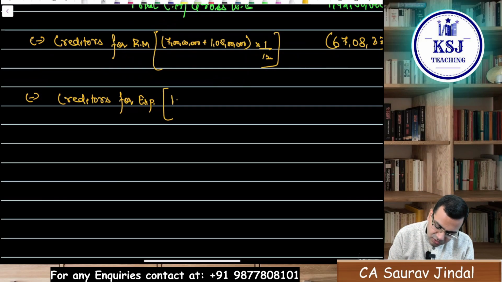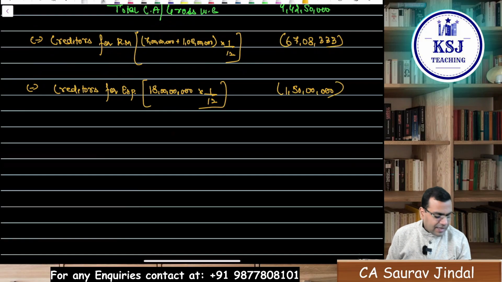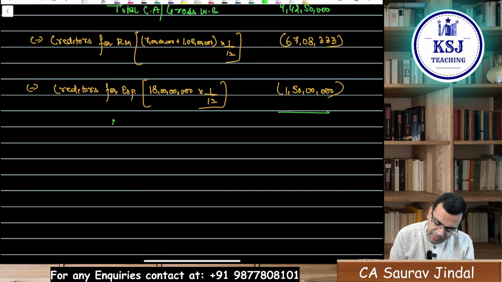So 18 crores, and the lag period is given as how much? The lag period is given as 1 month, right? So this will come out to 1 crore 50 lakhs. Anything else? No, sir. Nothing else. From here, what you will get is your net working capital.